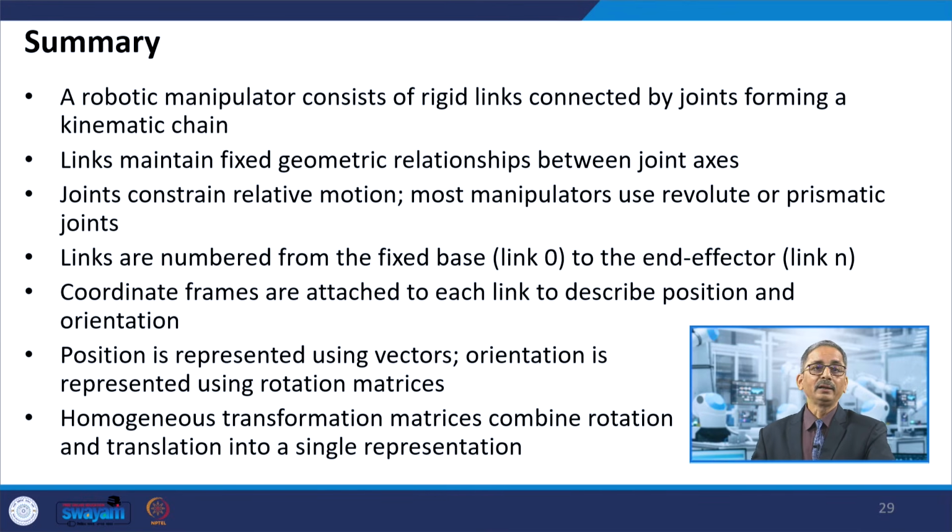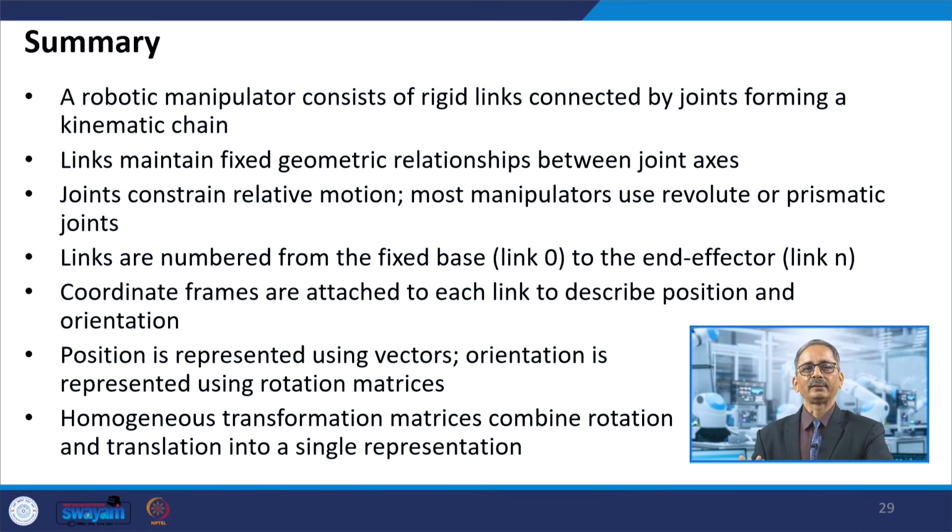And coordinate frames are attached to each link to describe the position and orientation, and as we have seen, the position is represented using a vector and orientation is represented using a rotation matrix. And the homogeneous transformation matrix combines both rotation and translation into a single representation.